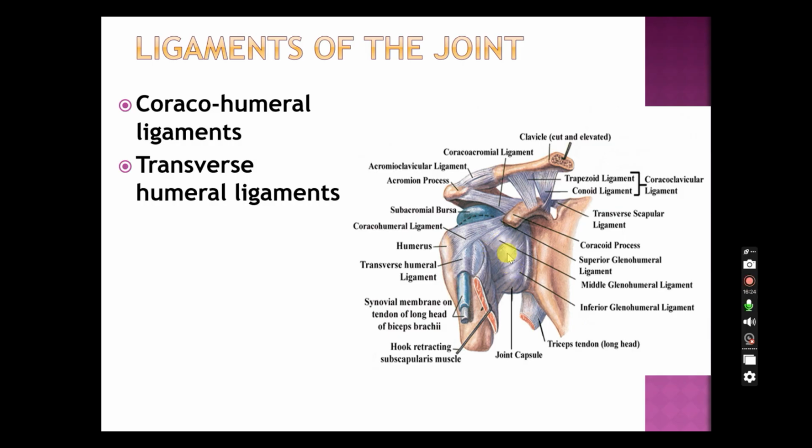Another ligament we will be seeing here is the glenohumeral ligament. All these ligaments are nothing but thickenings of the fibrous capsule to impart extra support to the capsule.